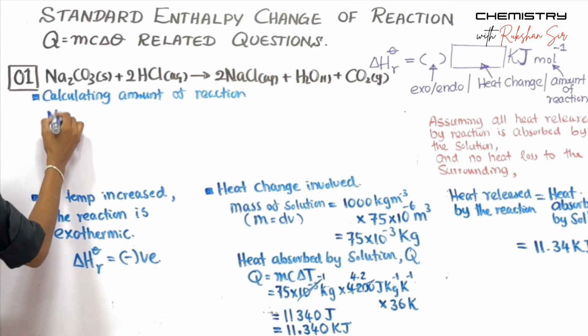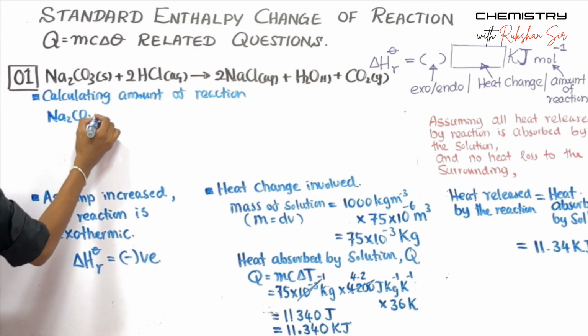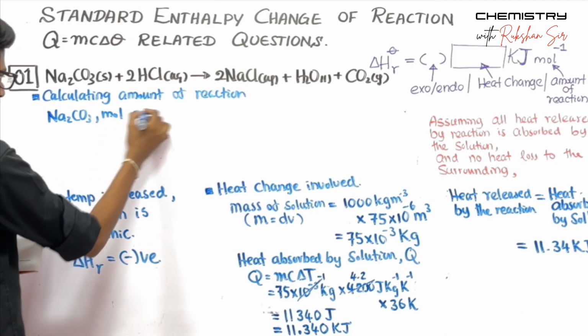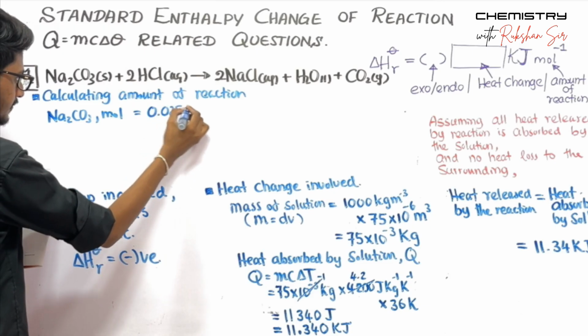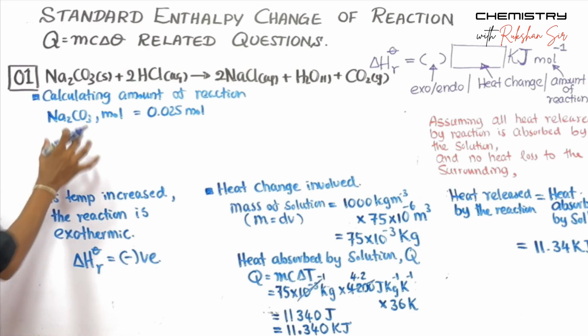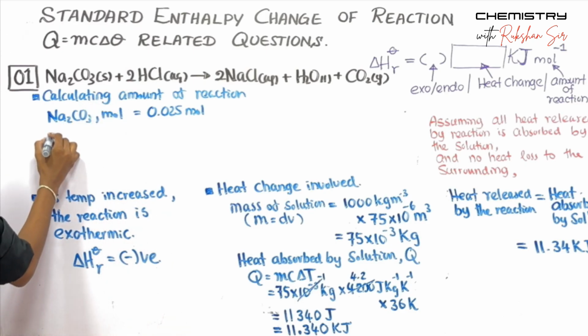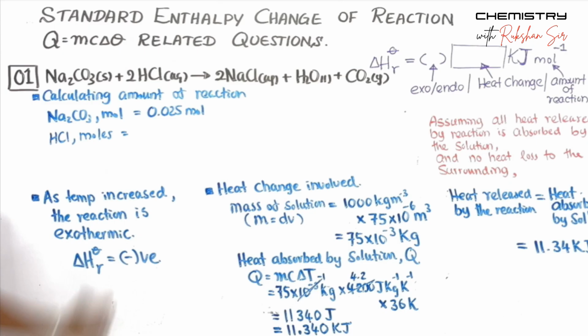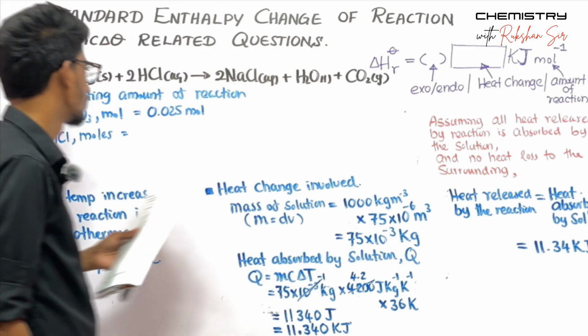So Na2CO3 moles is given as 0.025. Then the HCl moles can be calculated with the use of its concentration and volume.